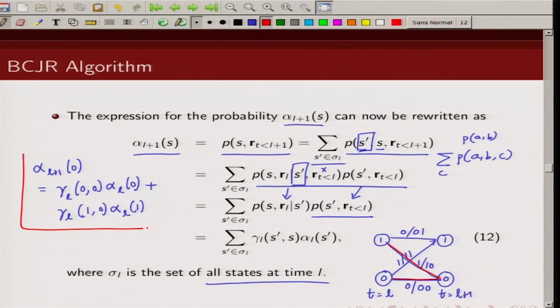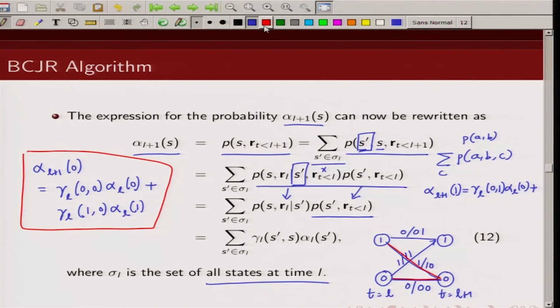Now, similarly, we can also compute the value of alpha L plus 1 at 1. So, we repeat the same procedure. Let us write it here: alpha L plus 1 when the final state is 1 can be written as gamma L 0 1 times alpha L 0 plus.